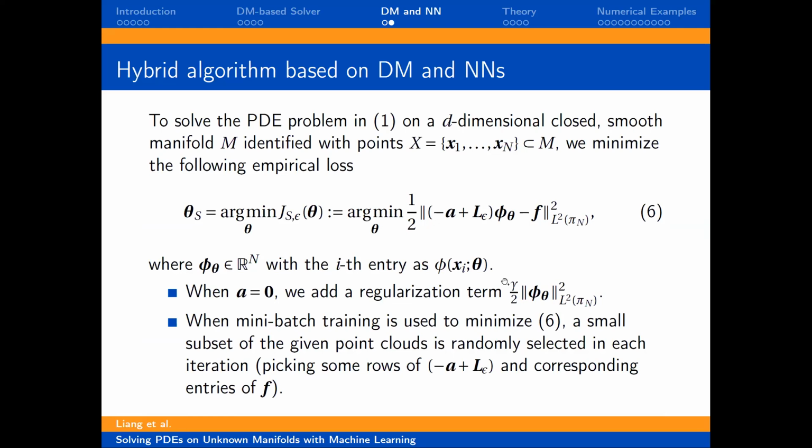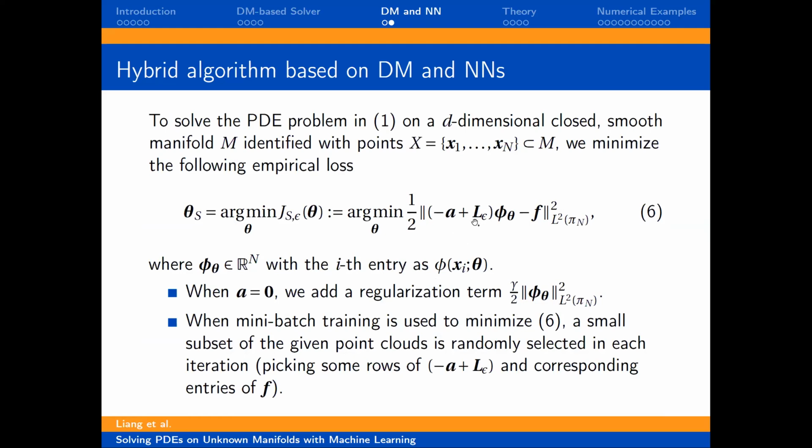Now let me introduce our hybrid algorithm based on the diffusion mapping and neural network. We assume we have a given point cloud S, and we define a neural network phi parameterized by theta, and we want to minimize this objective function.